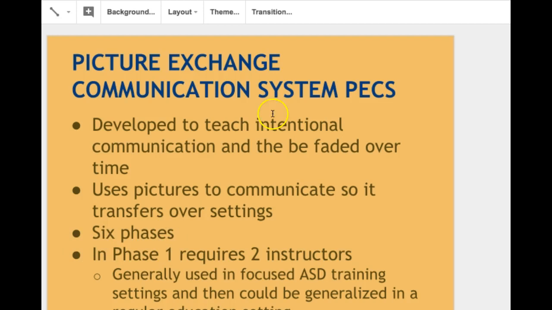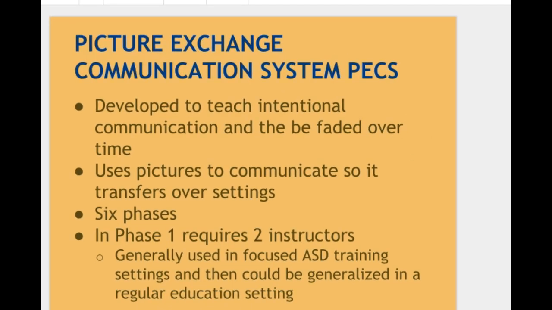An augmenting way is the PECS system, and I see PECS used in preschool, kindergarten, and even some first grade classrooms. It's the Picture Exchange Communication System, so it's using pictures to communicate, and as the child transitions through the 6 phases, they go from strictly using pictures to using pictures and phrases and words.